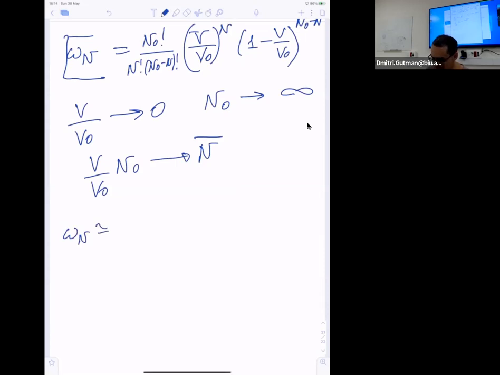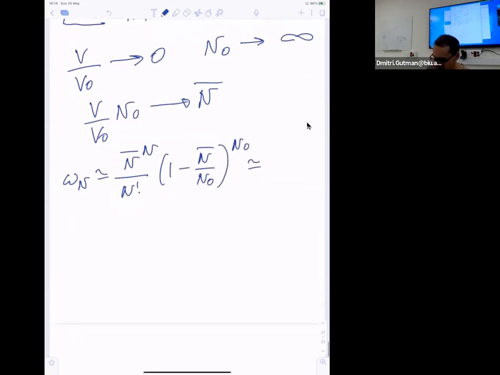It's roughly in this limit becomes n bar to the power n over n factorial times (1 minus n average divided by N0) to the power N0, and this is roughly n bar to the power n e to the minus n bar divided by n factorial.